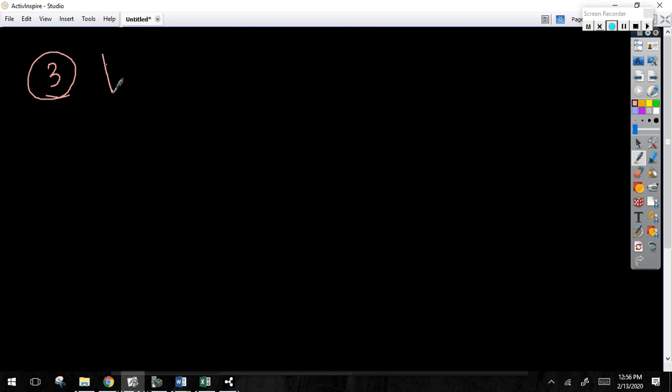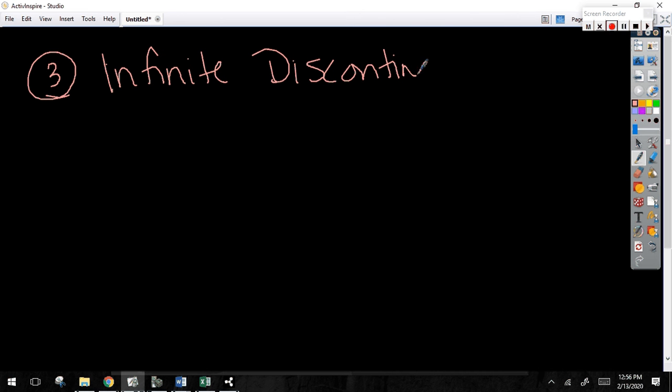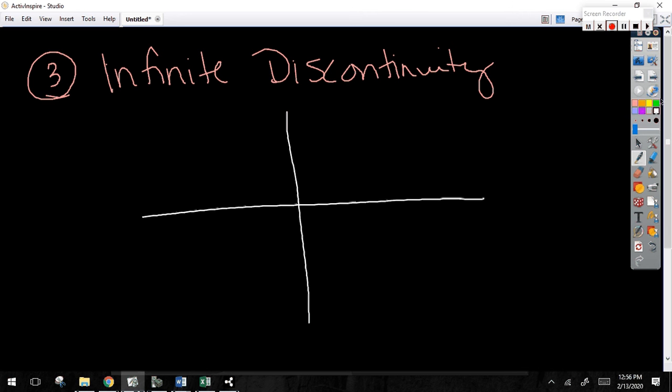All right. One more. This one is called an infinite discontinuity. Most of the time, these are caused by asymptotes. Remember what asymptotes are? Kind of. So an asymptote on a graph is this, and it's that 1 over x had an asymptote.